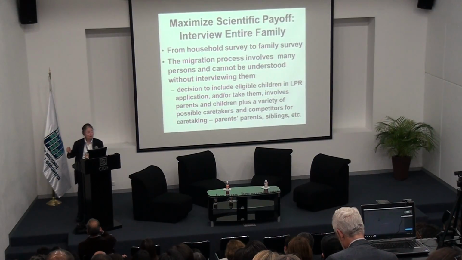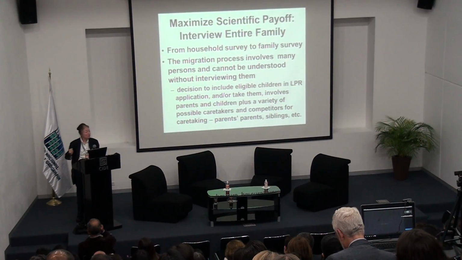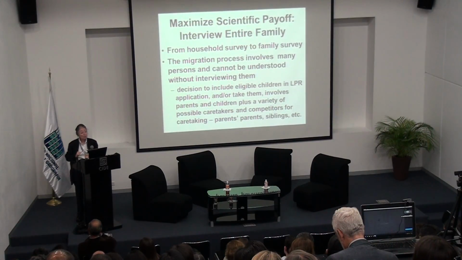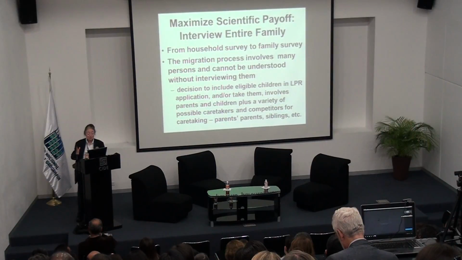One of the things that we've learned is that we can't understand a lot of decisions, a lot of things that migrants do, unless we have information directly from all the other relevant actors. Because the migration process involves many persons.